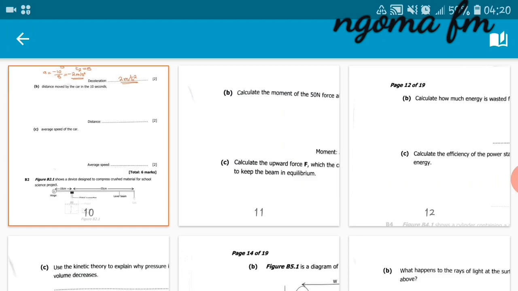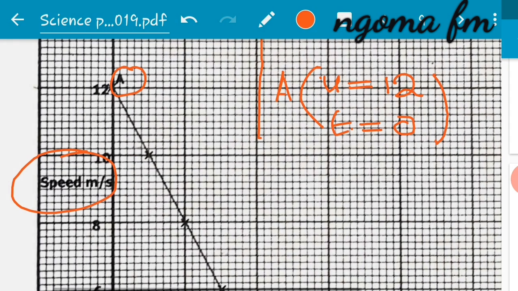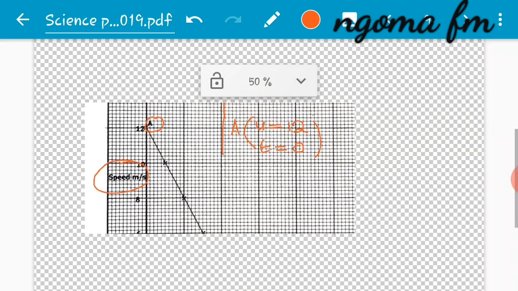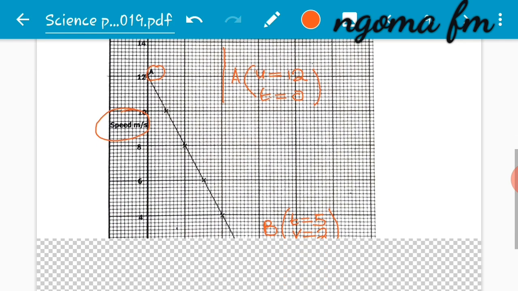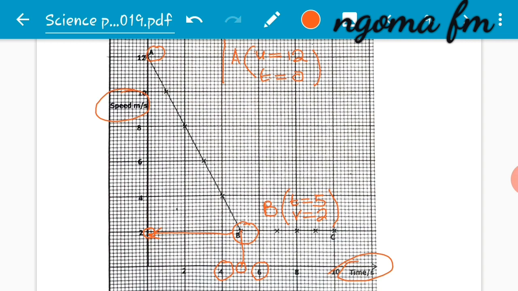When we're dealing with a graph, it is important to know that the distance covered by the object on a velocity time graph is equal to the area underneath the graph. Now, what do we mean by the area underneath the graph?